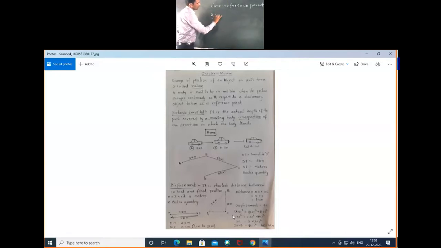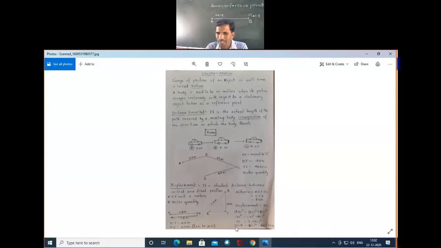This is place A. You are moving to place B. So there is a change of position. The initial position was this. There is a change of position here. So whenever there is a change in position of an object in unit time, then it is called motion.